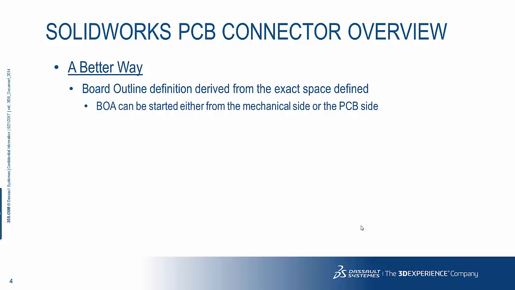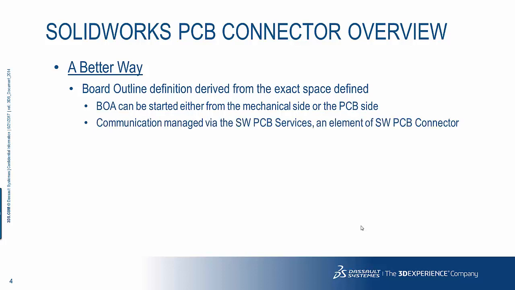We are not doing any data exchange using an interface file or doing any sort of conversion or translation. We're using the exact design data. Those designs are managed through the SOLIDWORKS PCB service, which is an integral part of the connector.